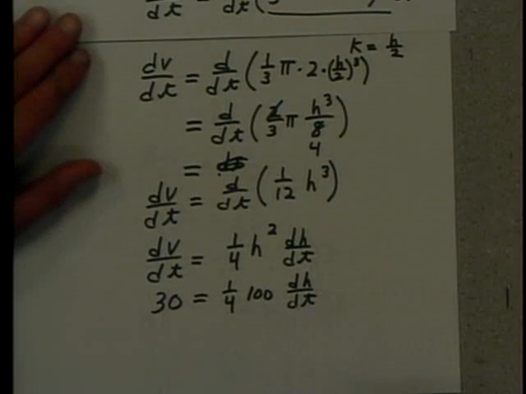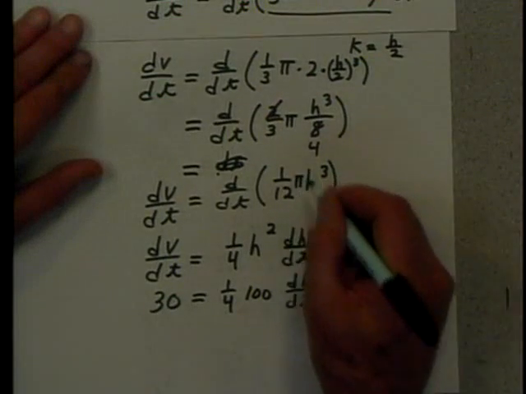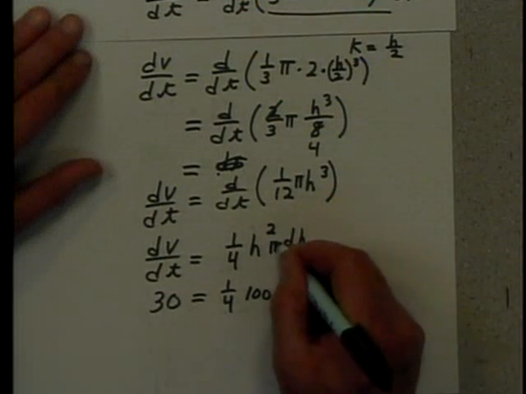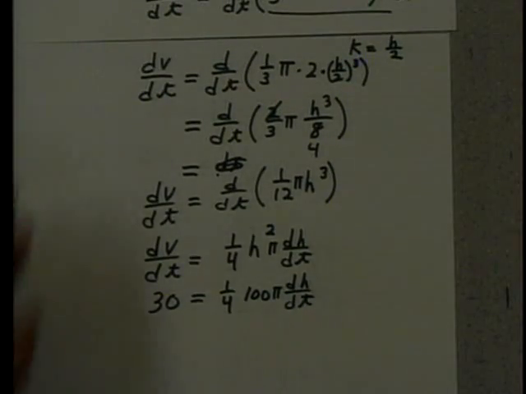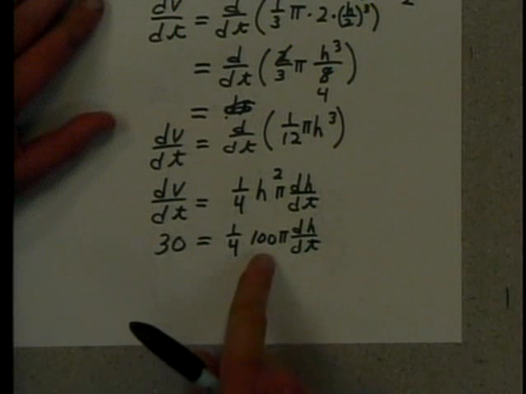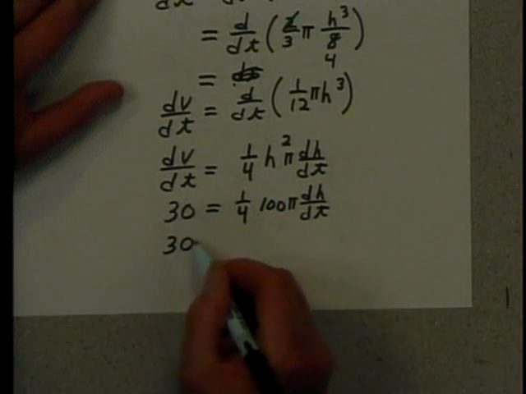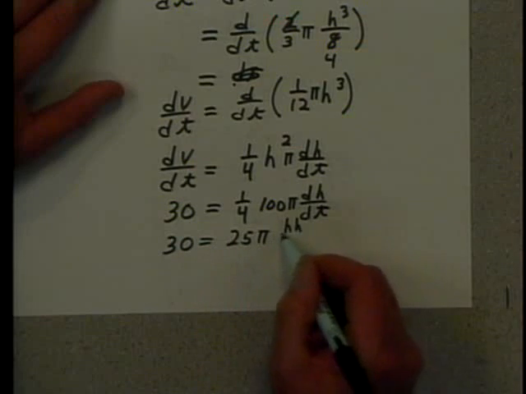I lost my pi though. Pi in there. 1/4 of 100 is how much? So 30 is equal to 25 pi dh/dt.